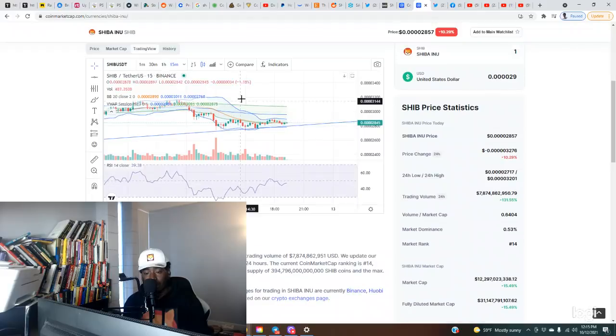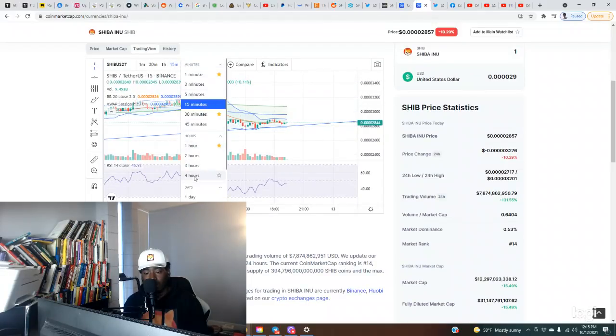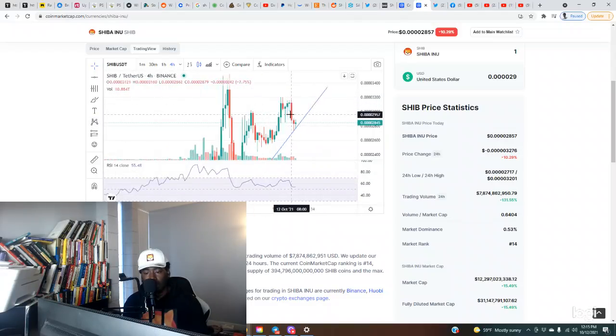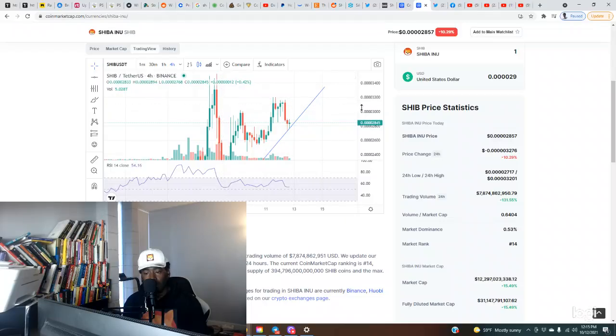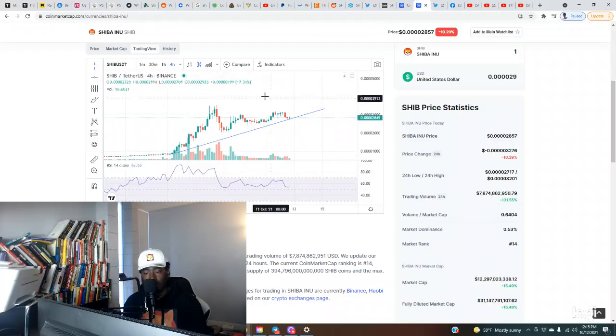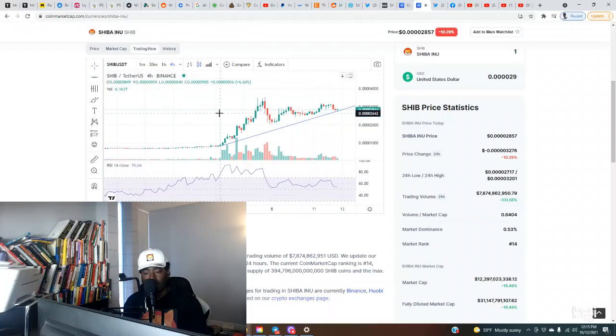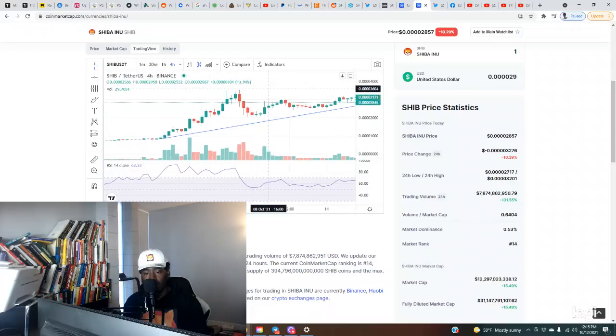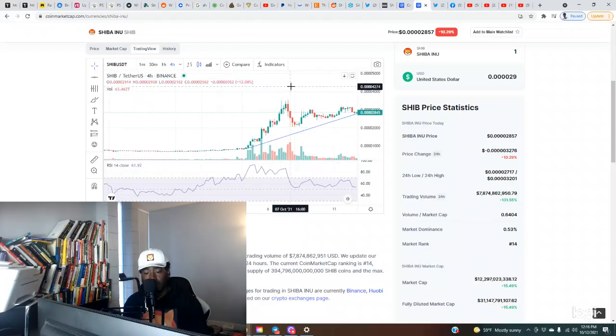So let's go back up now to this 4-hour chart real quick. Let me take these other indicators off, y'all know how to use those. We can leave the RSI on there. Okay, let's pull our time zone tool out again.